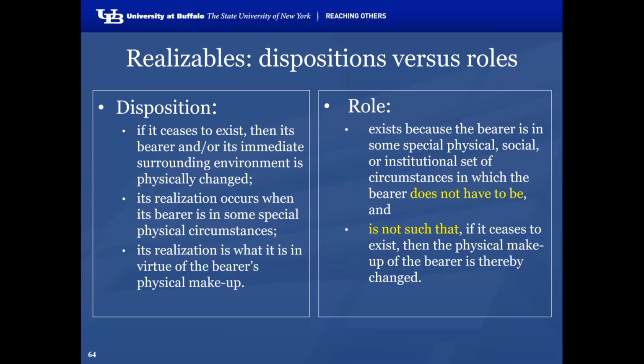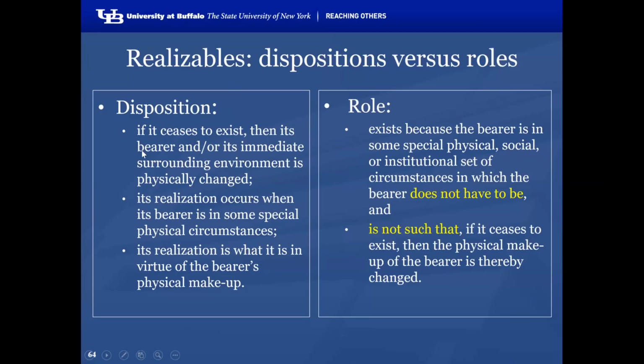But losing that role doesn't change anything physically in me. On the other hand, I have the disposition to die. So when I die, quite a bit is changed in me. That's the distinction between dispositions and roles.